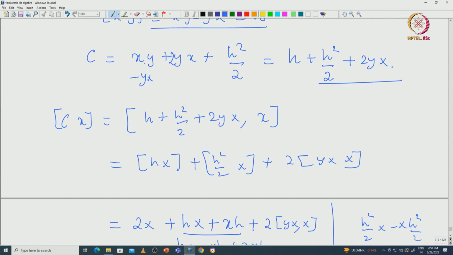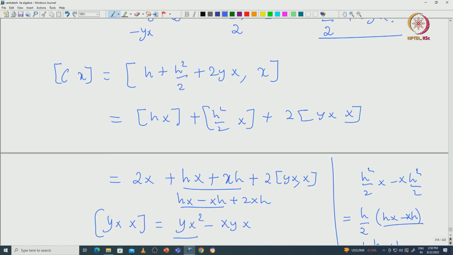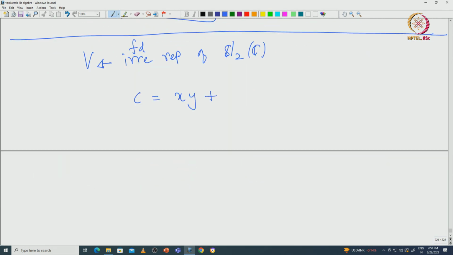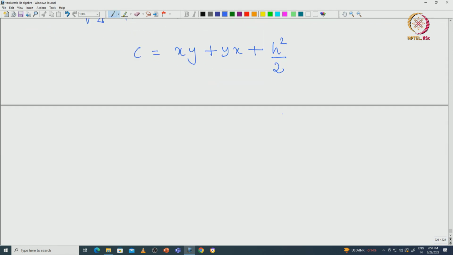So this is h plus h square by 2 plus 2 y x. So that is our new element. Maybe we can write it as x y plus y x plus this h square by 2. Okay. So now you just apply it on V naught and then see what happens.